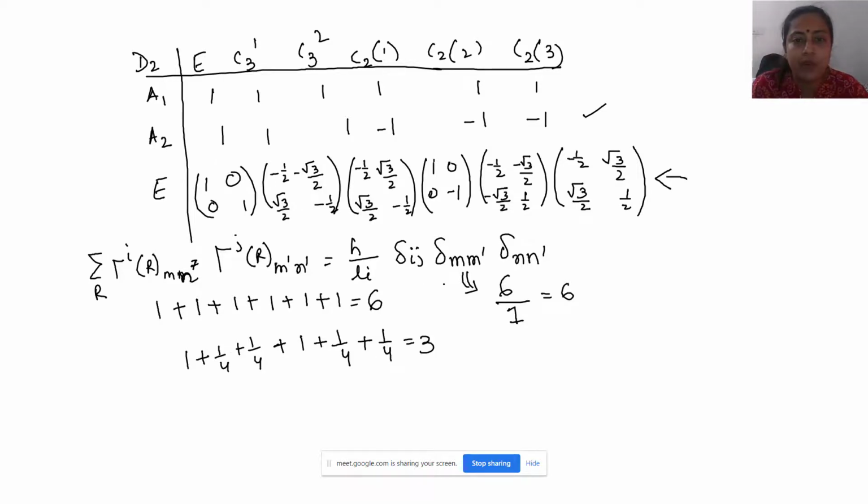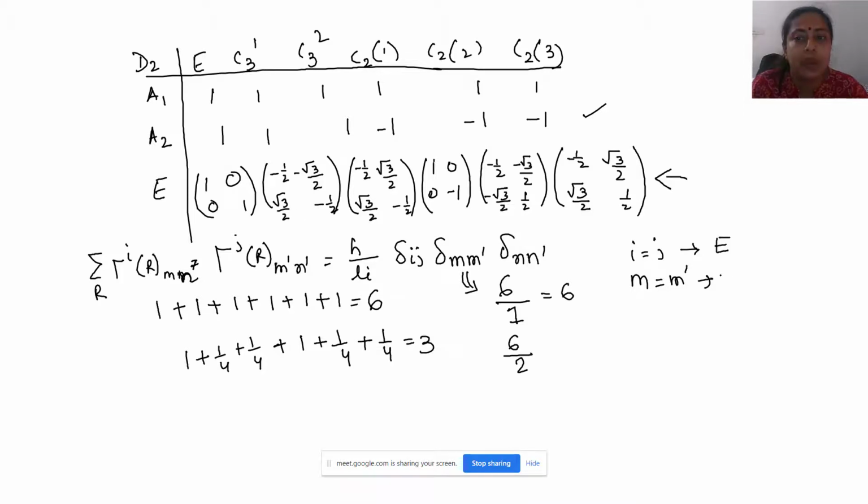On the other hand, if you look into the right hand side, the order of the group is h. The dimension of the irreducible representation is 2. Here i equal to j, as I have taken only the irreducible representation E. Here m equal to m prime because I have multiplied the 1,1 element with the 1,1 element itself.